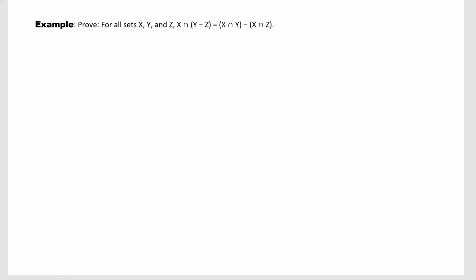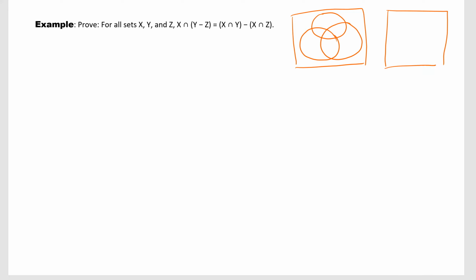But today, I really want to show you how to prove it. Still, we can draw a Venn diagram to see what happens here. We have x, y, and z, and two Venn diagrams.